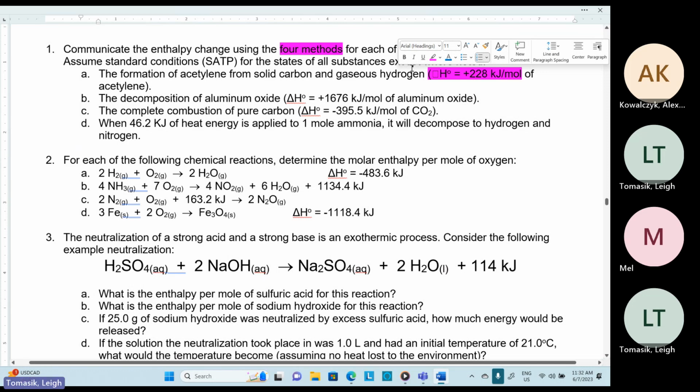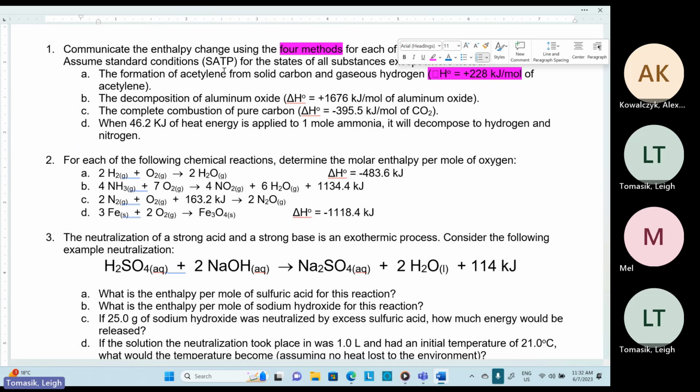That will give you some practice writing chemical equations, or if you feel that's too much for you, you can actually Google formation of acetylene, and it will give you, you know, the chemical reaction, right? It'll give you the equation. But I highly recommend that you test your brain out, and if you have some memory of writing chemical equations, that you try to test your brain out.